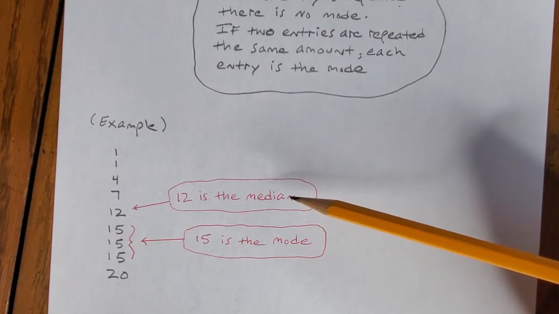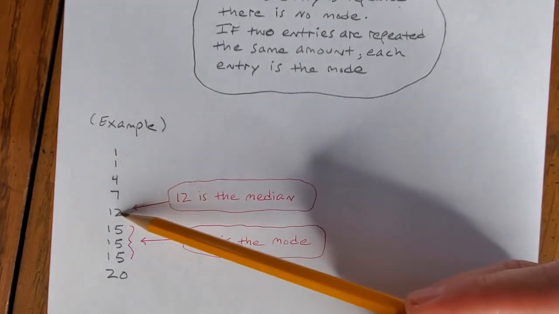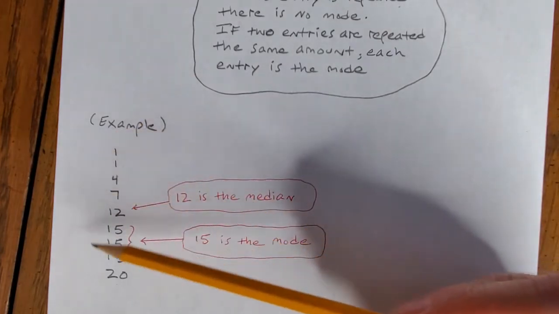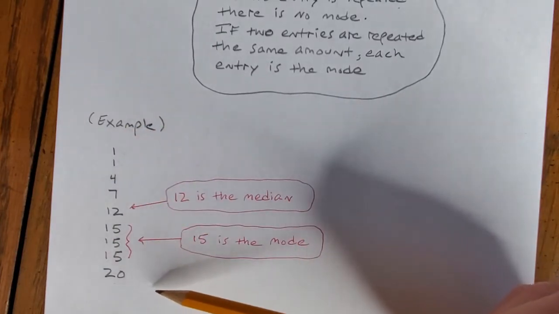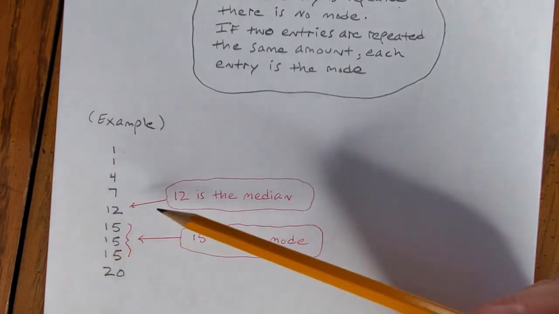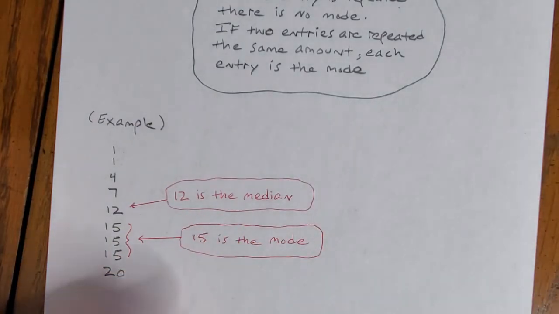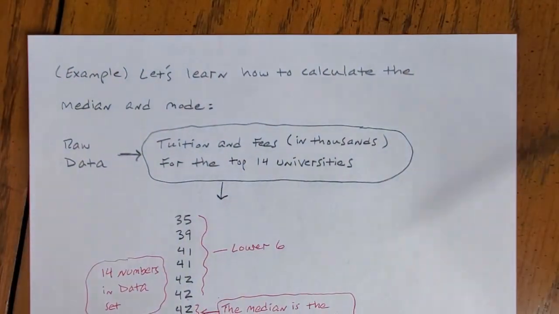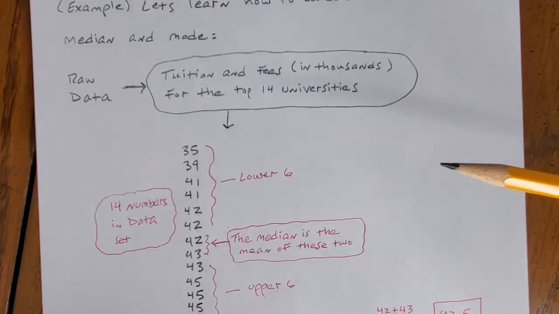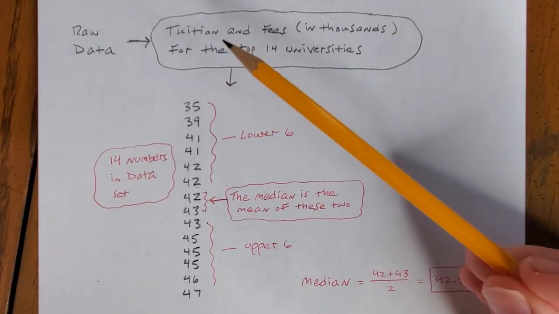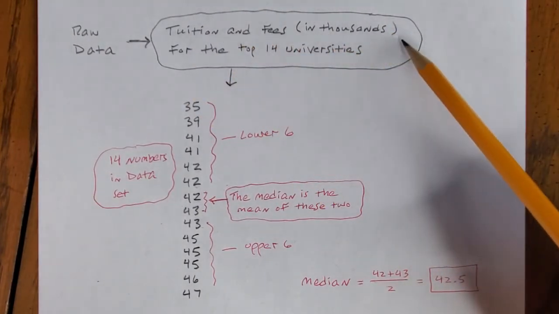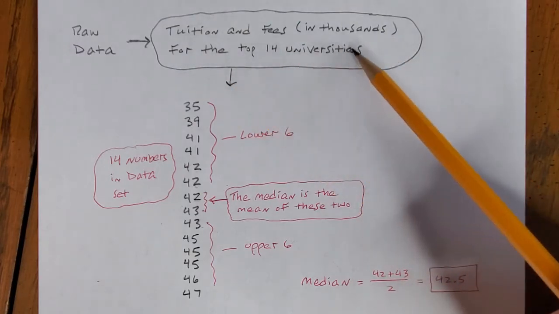Now, the median will be the number right in the middle if there are an odd number of data entries. So I need to talk about the case where there's an even number of data entries. Let's look at an example that I got off of my math lab, all right? Let's give the raw data as tuition and fees in thousands of dollars for the top 14 universities.